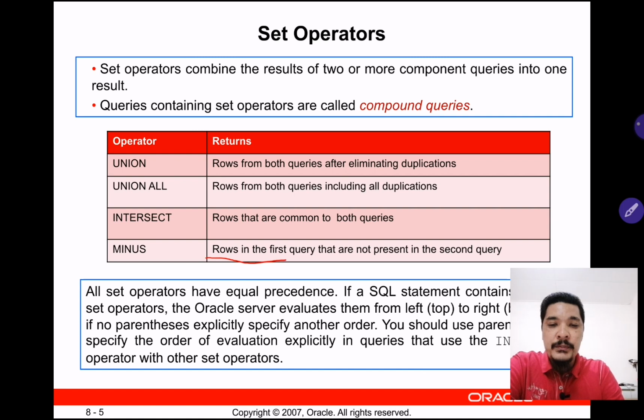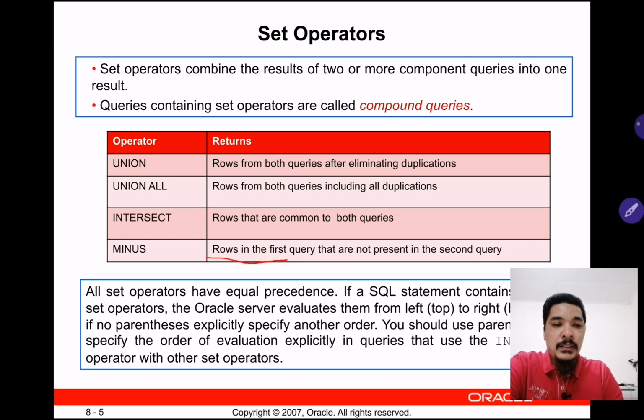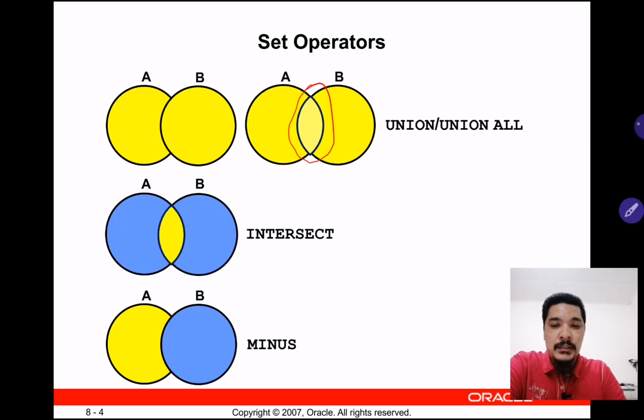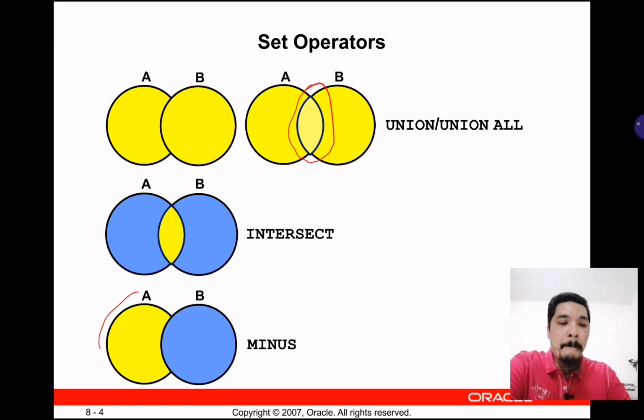It returns rows in the first query that are not present in the second query. If this is our first query, then this part is not present in the second query, so we only want this result, the yellow one.